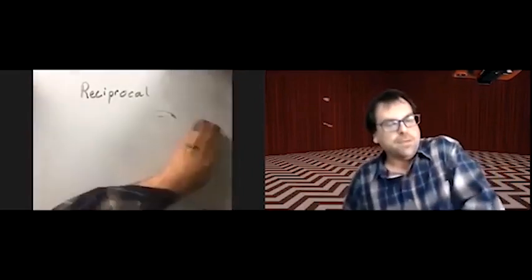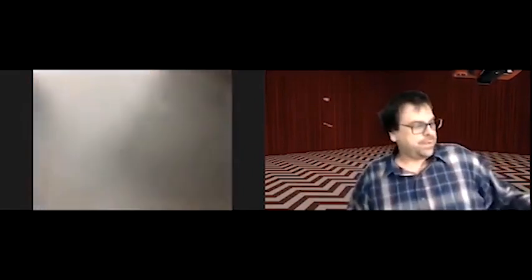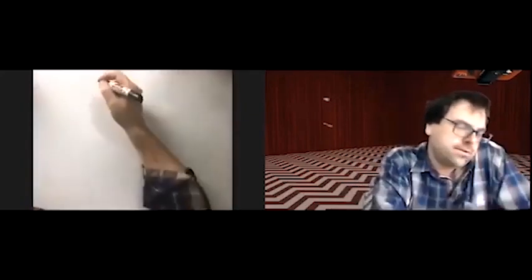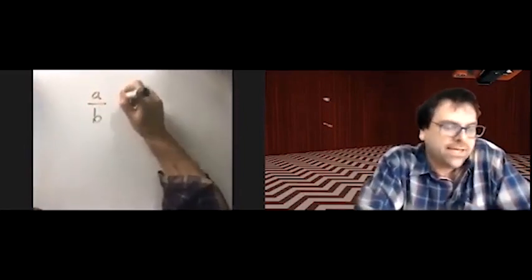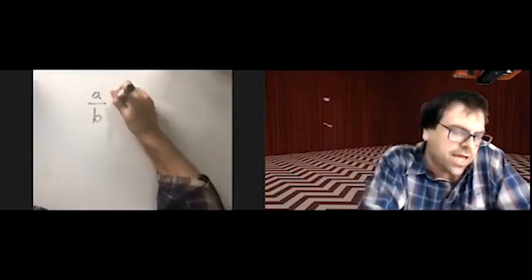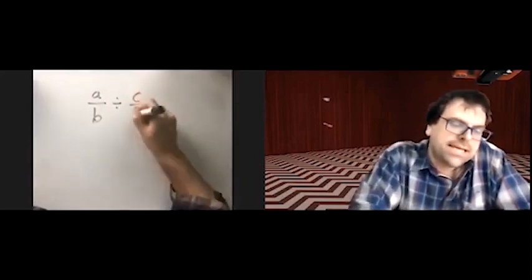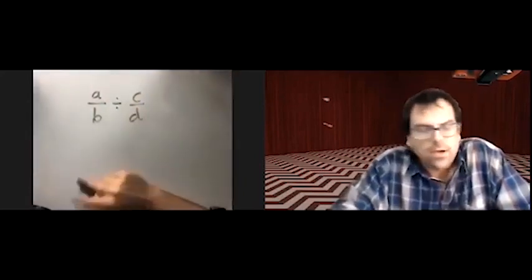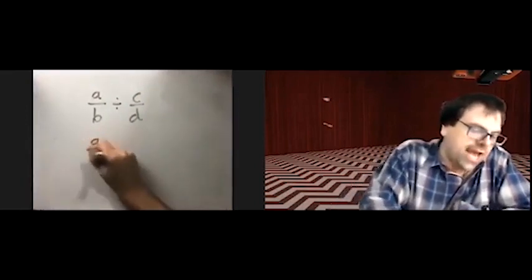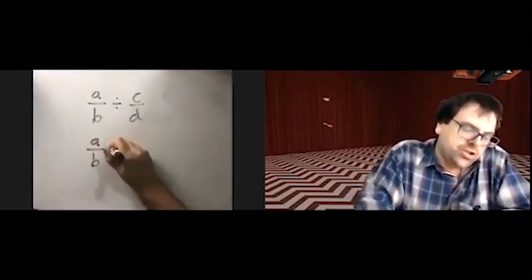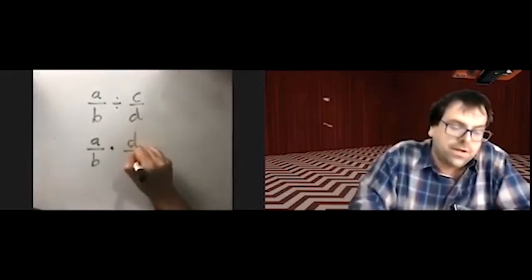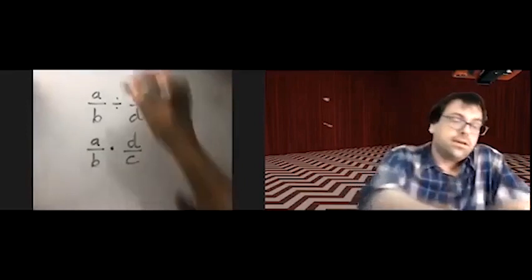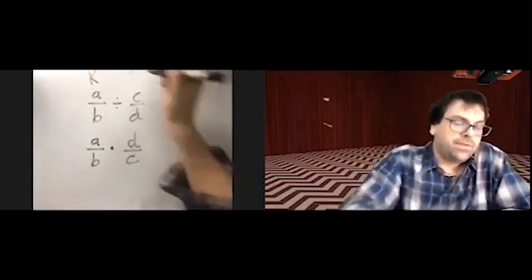So why are we talking about the reciprocal? Well, in order to divide two fractions, let's say we had A over B, some random fraction, divided by C over D. We leave the first fraction as it is. We change division to multiplication, and we take the reciprocal of the second. We keep the first.